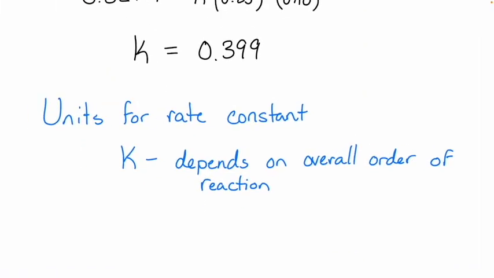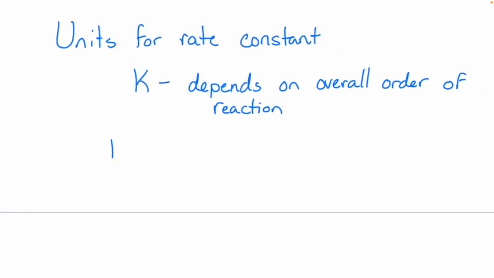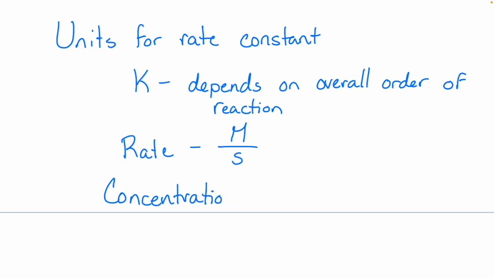What we do know, what is not going to be variable, is that rates always have the same units. We measure rates in molar per second, concentration per unit time, just like we defined it before. Likewise, we also know our units of concentration.